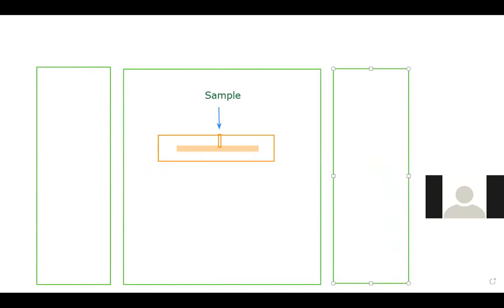Now let me use this color to show you that the lamp is placed here, and this lamp is going to emit a particular radiation. Just remember that this arrangement is very, very precise. Sometimes it will take hours to make all the adjustments properly, and once the lamp source is aligned properly, the radiation will go exactly to the center of this graphite furnace, so that it will fall on the sample placed inside.